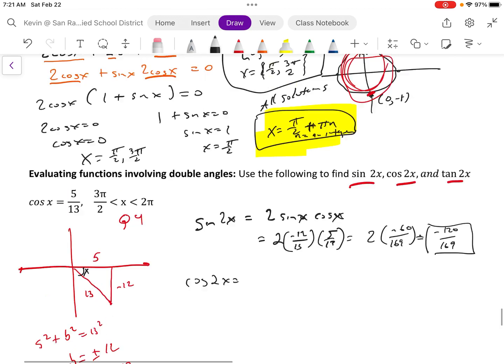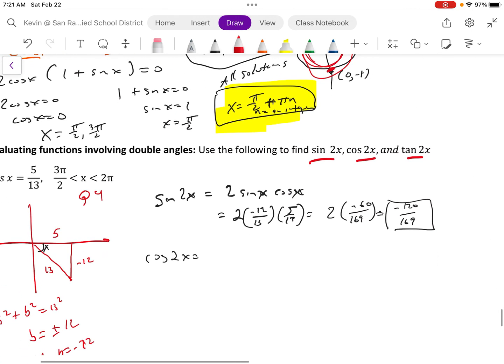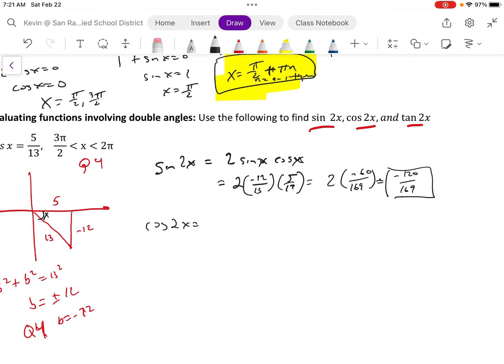Cosine of 2x. Cosine has 3 possibilities. This is probably the easiest one to do, typically, if you have sine and cosine, especially in this case. So we're going to want cosine squared x minus sine squared x.